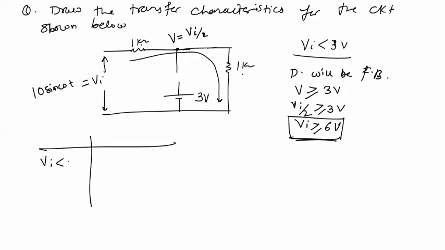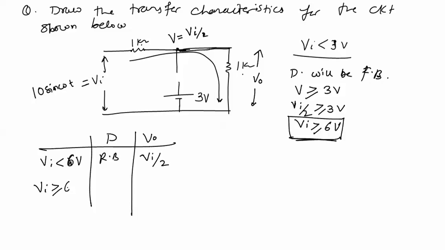If Vi is less than 6 volts, then diode D will be reverse biased. And if the diode is reverse biased, we will replace it with an open circuit, and then this output voltage V naught will be equal to this voltage. So V naught will be equal to Vi by 2.